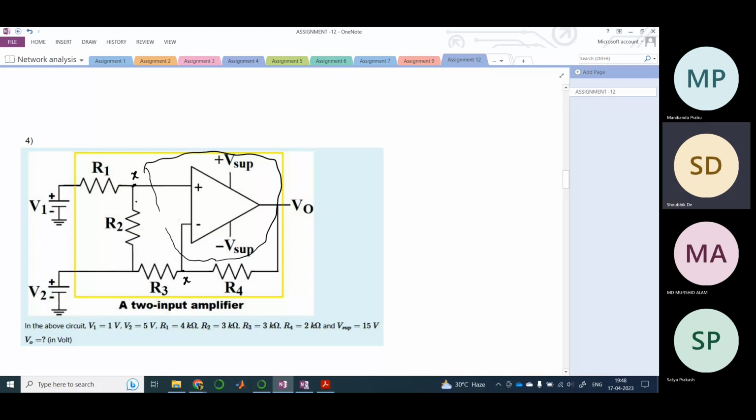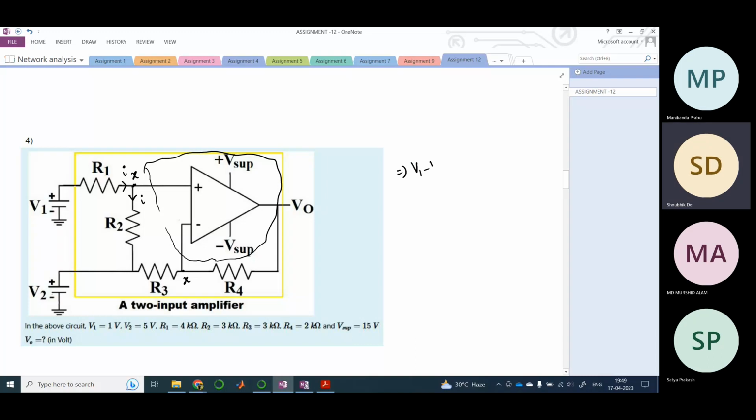So we need to find out what is the potential at node X, because it's not zero and it's not grounded. If we apply KCL here, this directly would flow into this path, because no current would flow through this other path. So we can simply write a KCL equation at this node.